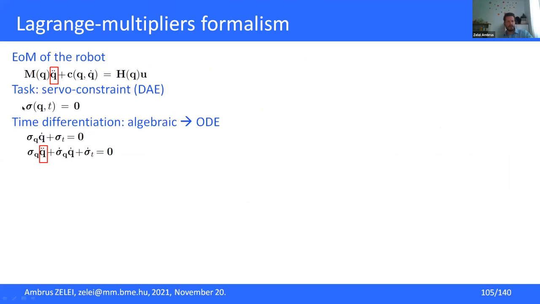So we would like to solve these two together, and then we hope that we can get the control inputs u. But if we want to do that, we have to solve together the dynamic equation and also the controls.